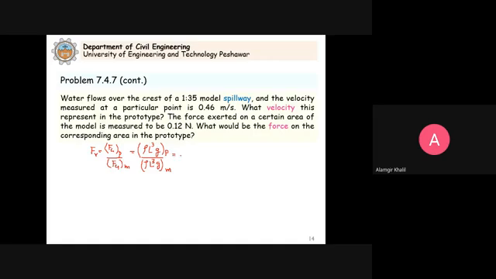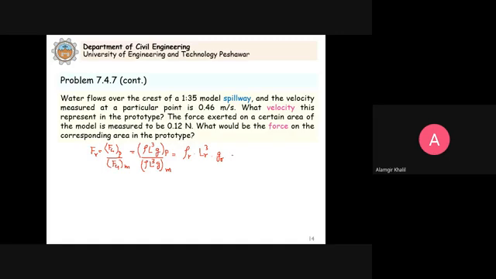Now this can be written as rho R into L cube, so this will be LR cube, LP by LM, and we have GR, acceleration due to gravity scale ratio.